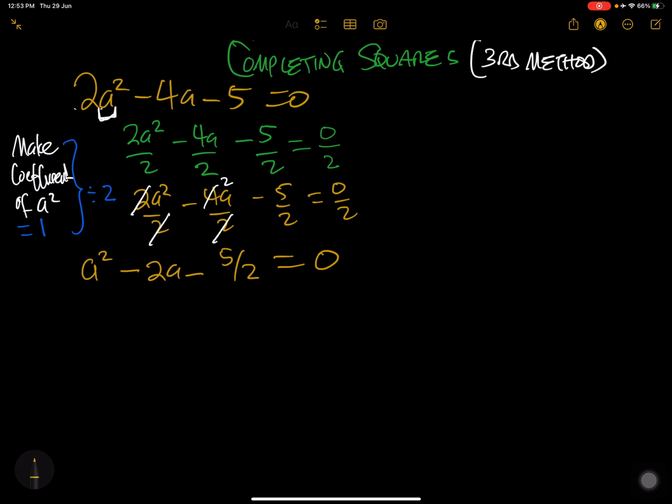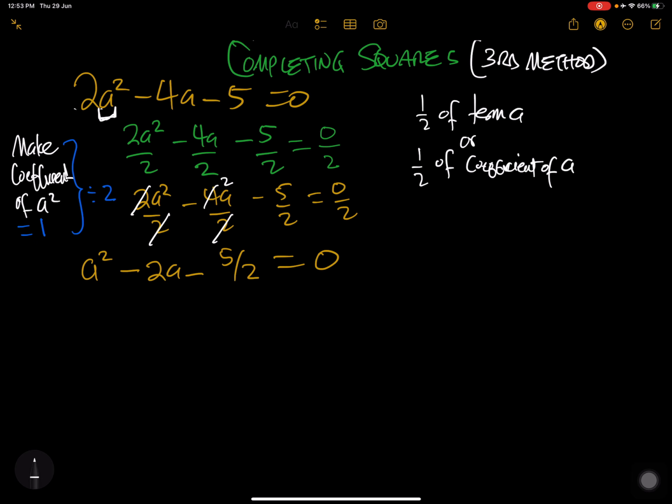Now, what we're going to do next is to take half of the coefficient of a.